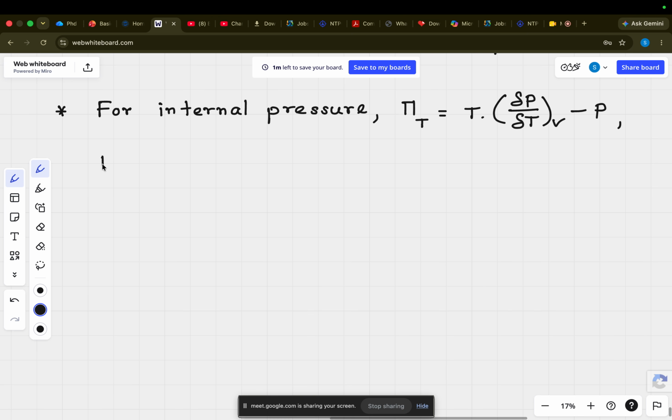Now they are asking for 1 mole of van der Waals gas.